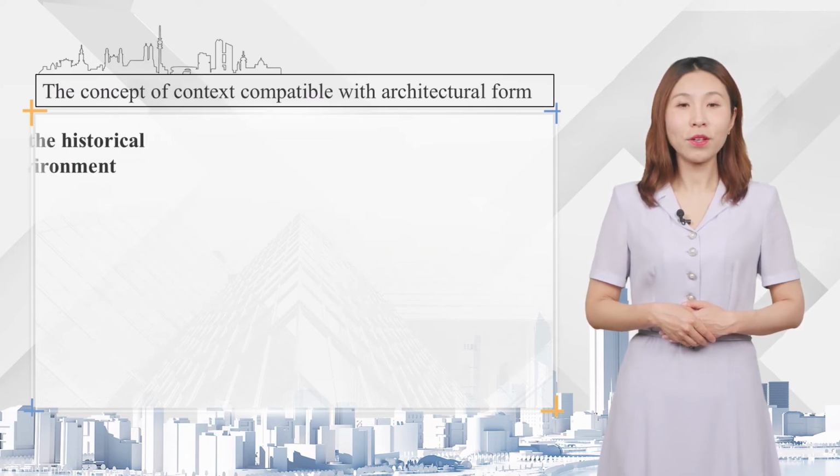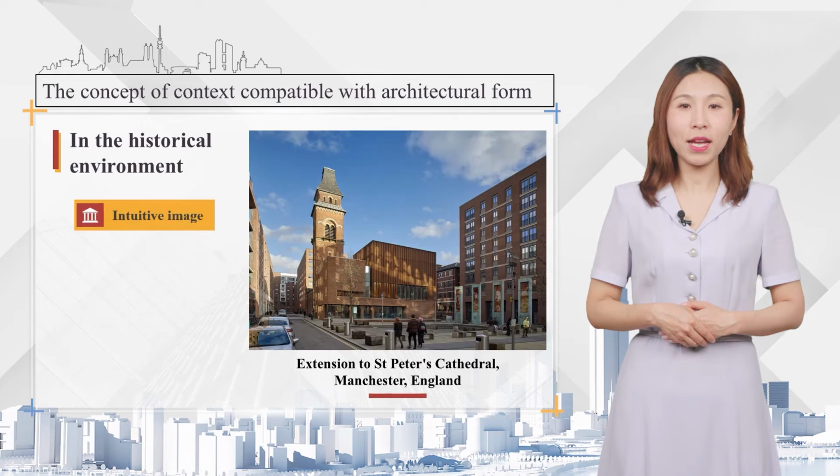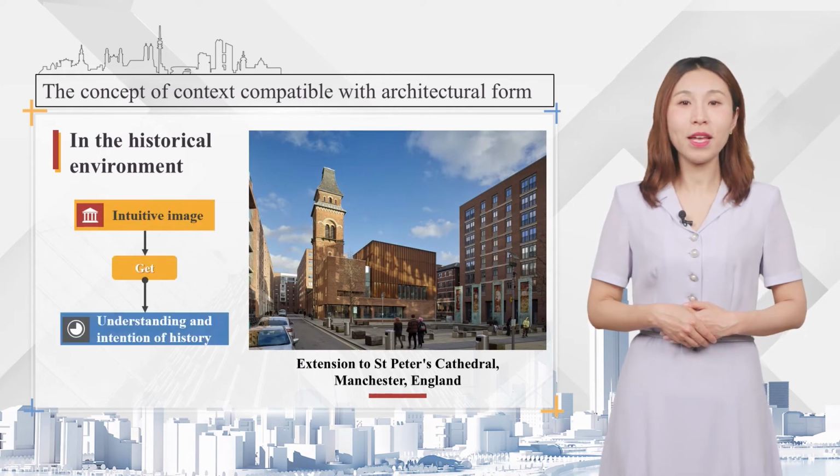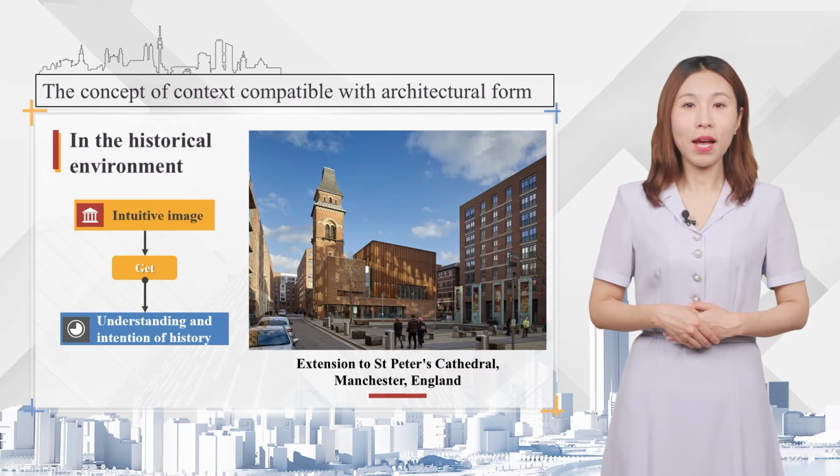In the historical environment, people get and form the understanding and the intention of architecture and its history through the most intuitive image perception, and the overlapping of some intentions will further form the expression of the historical environment.